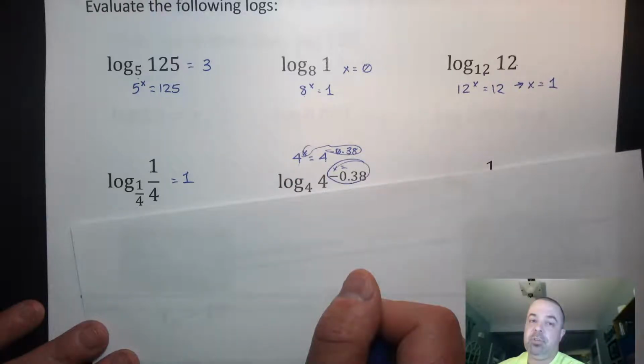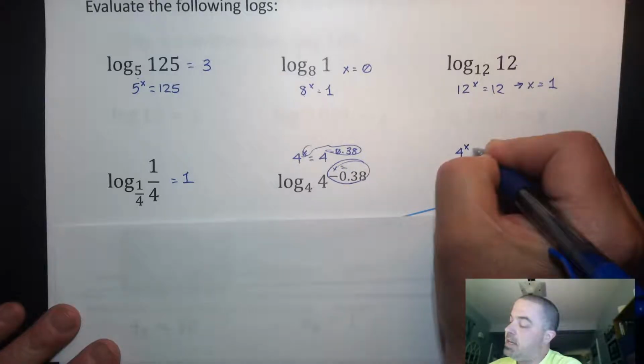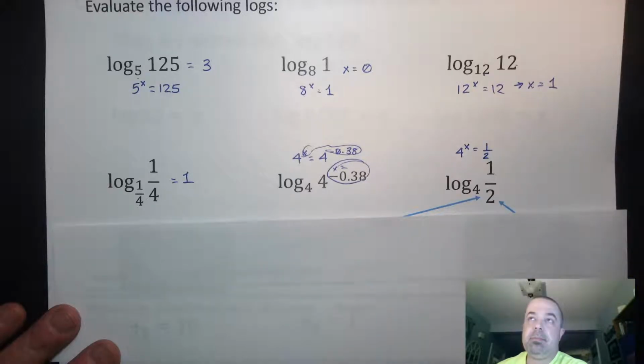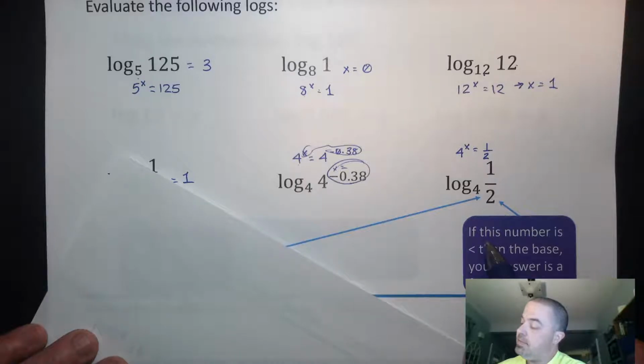Now, this one's a little more fun. Okay? So what we have here is 4 to some exponent is going to be a half. There's a couple clues here that we need to pay attention to. First one: if this number, the denominator, is less than the base, then your answer is a fraction.